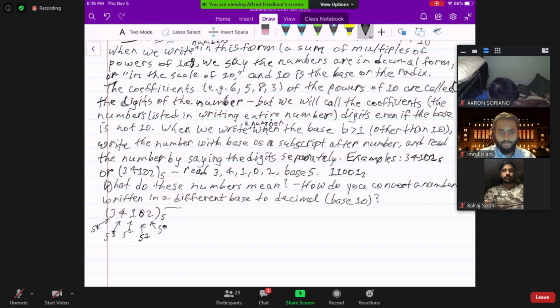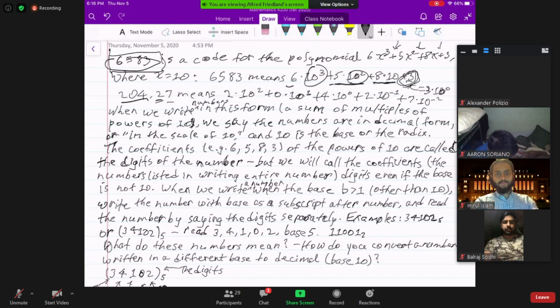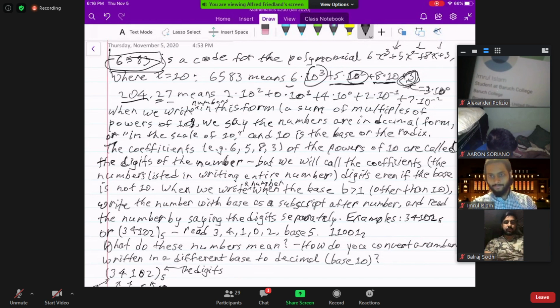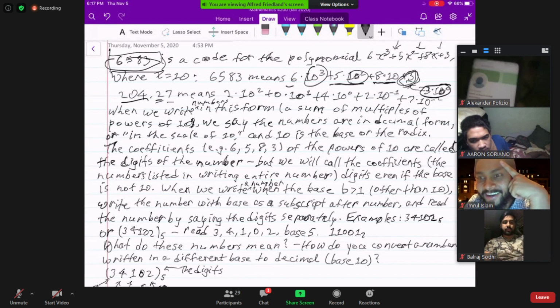So again, I'm calling them digits. The digits, just as we had up here at the top, are the coefficients of the successive powers of the base. Up here at the top, the base was 10, and the 6, 5, 8, 3 were the coefficients of the powers of 10, starting with 10 to the 0th over here, and increasing.